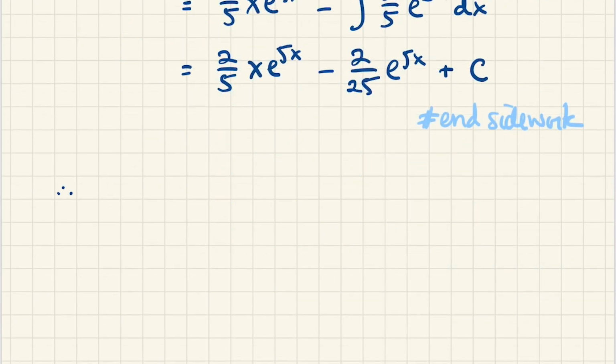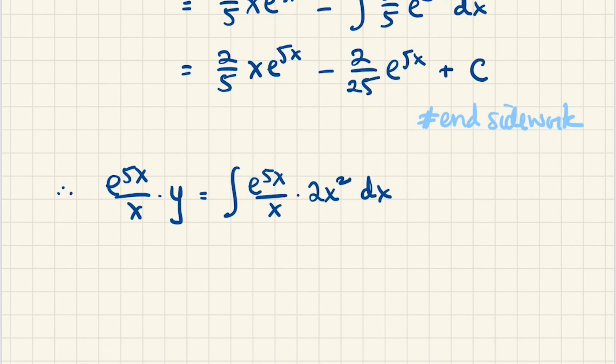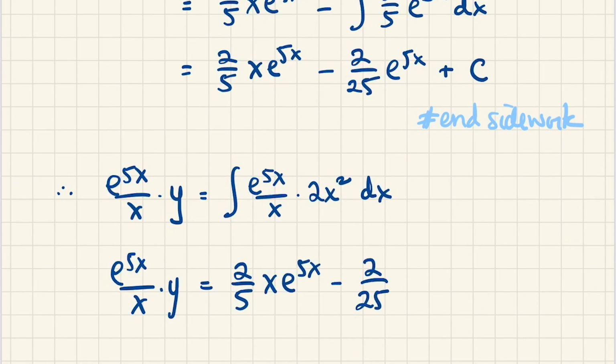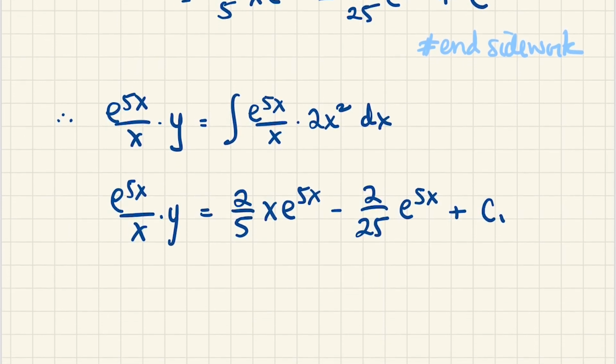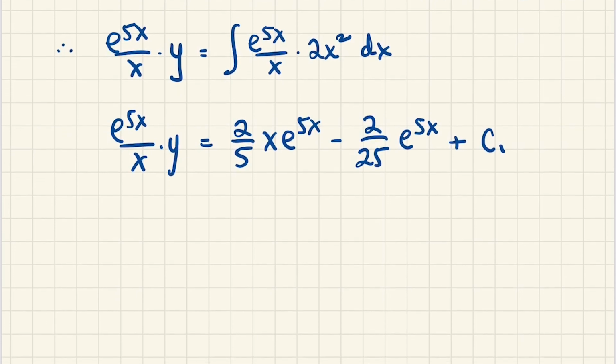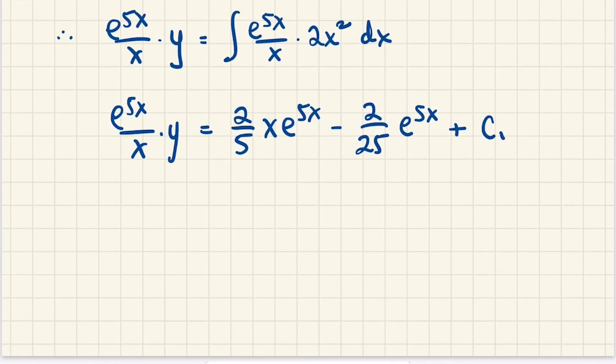So therefore, pasting in our form, we have e to the 5x over x times y is equal to 2/5 x e to the 5x minus 2 over 25 e to the 5x plus a constant. And we will just multiply everything by x and divide everything by e to the 5x to isolate y.